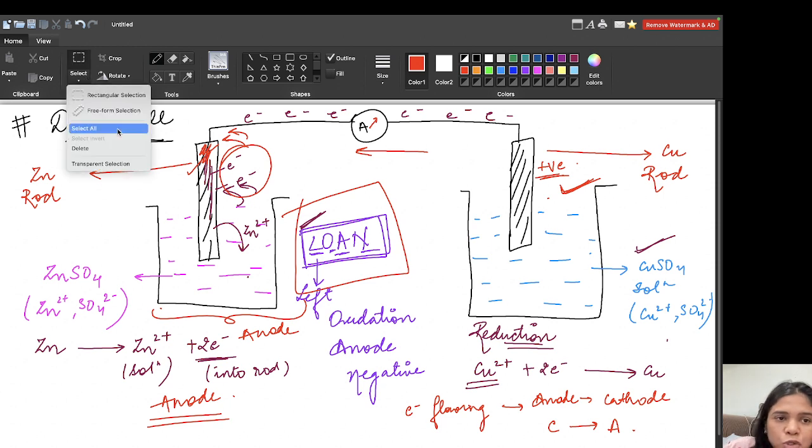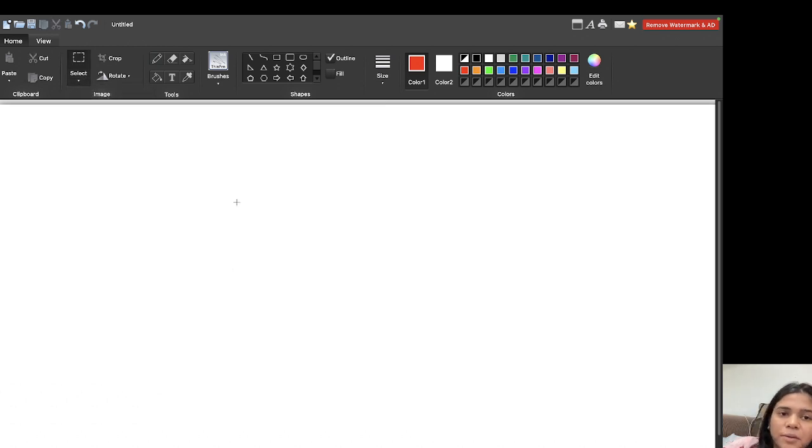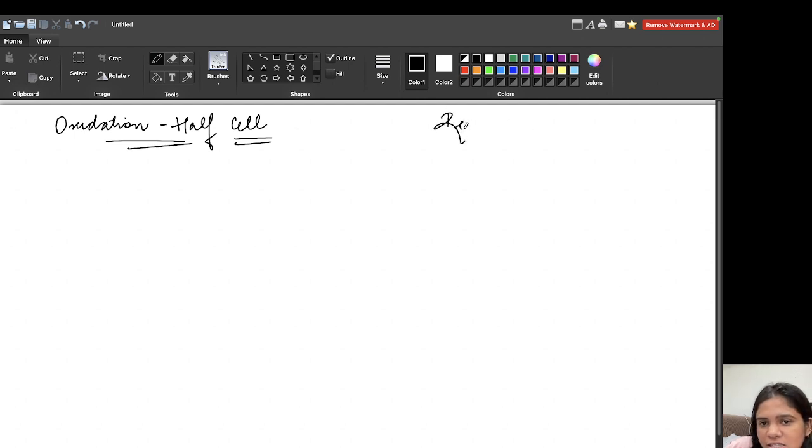So the things you have to keep in mind: there are two particular things, the oxidation half cell and the reduction half cell. The oxidation half cell is on the left hand side and the reduction half cell is on the right hand side.